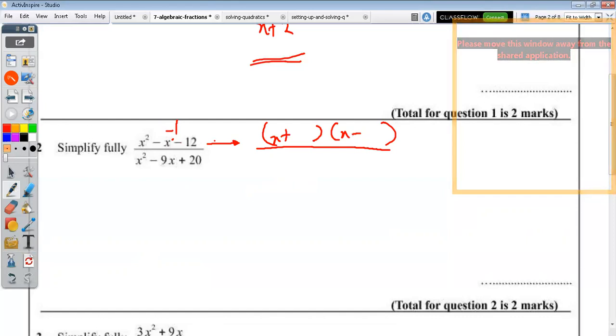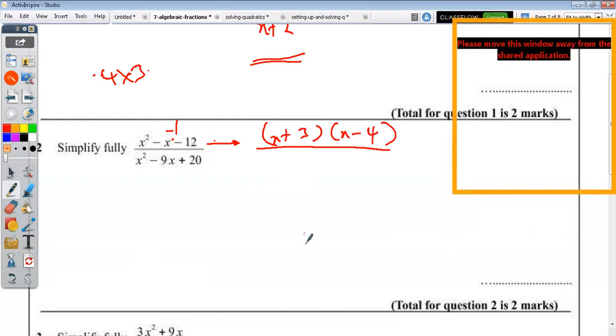It's not 6 and 2, which have a difference of 4. So it's 3 and 4. 3 times 4 is 12, and they've got a difference of 1. The negative number is greater, so it means -4 here, plus 3. Clear? Making sense?